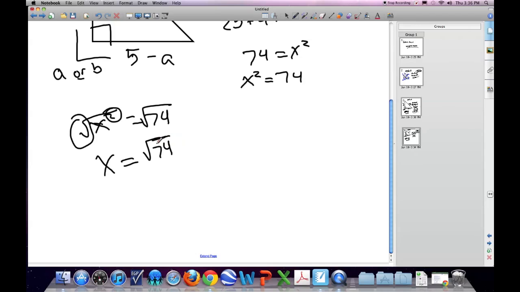And 74 isn't a perfect square. So we're going to prime factorize it, 2 times... Now we're going to divide 74 by 2, which would be 37.